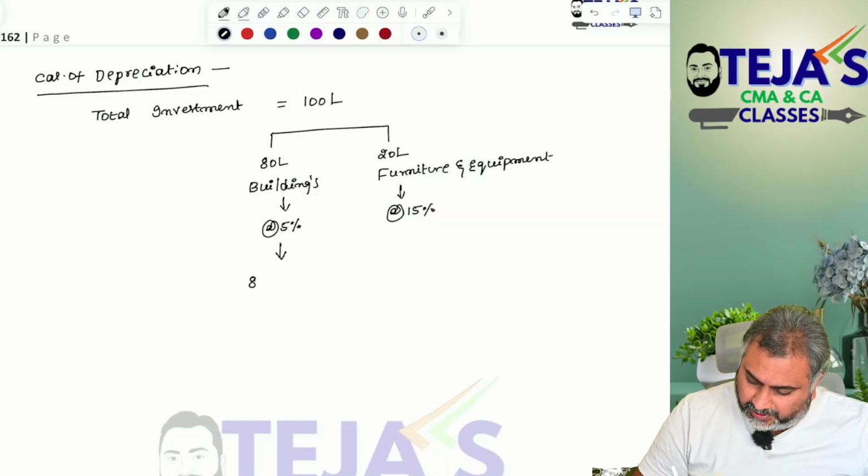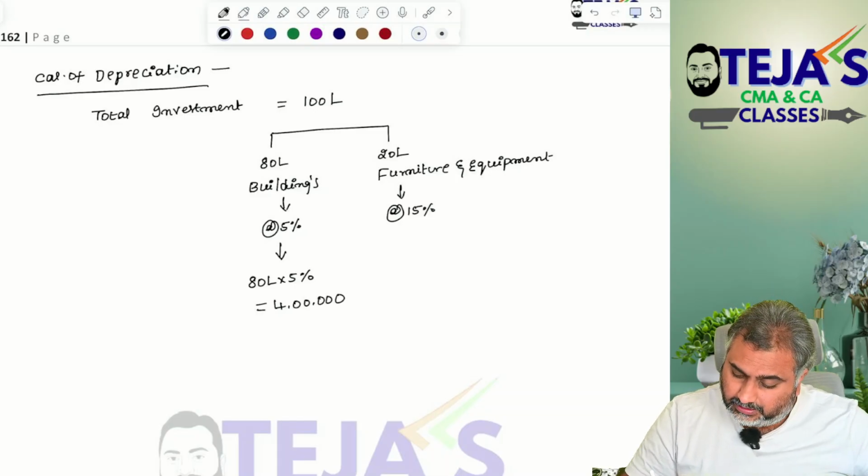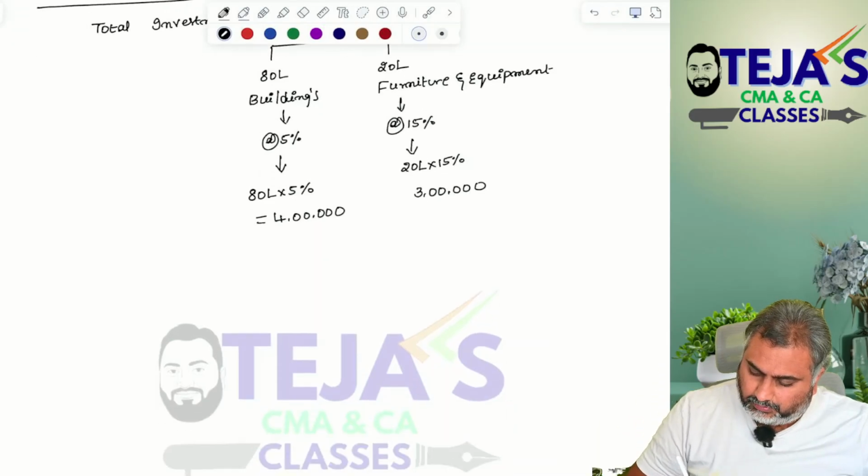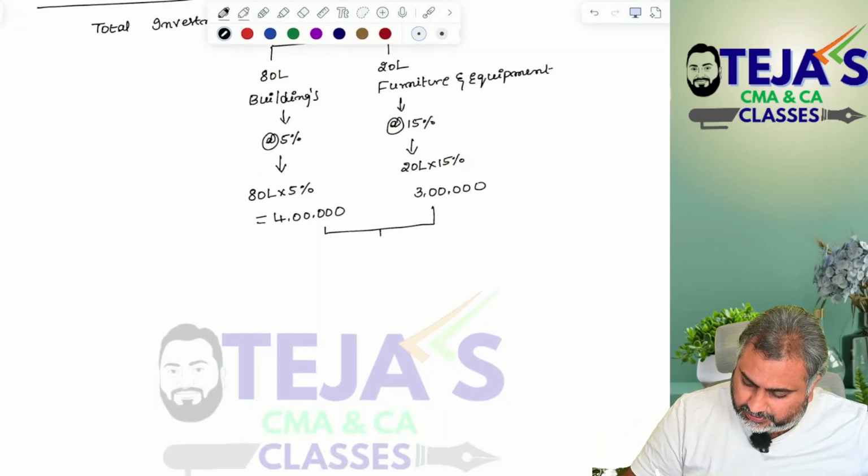Then 80 lakhs into 5%, that is equal to 4 lakhs. And here 20 lakhs into 15%, that is equal to 3 lakhs. Then our total depreciation is 7 lakhs itself.